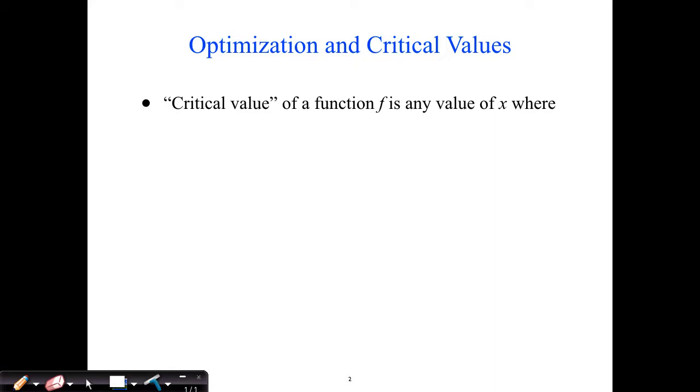Trying to find those sorts of things by thinking about algebra, what x value makes the y value biggest, isn't something you can do by taking an equation, setting it equal to biggest, and solving. You can't do that. But if you know that at a biggest value your derivative is going to be equal to 0, equal to 0 is a sort of equation that we know how to solve.